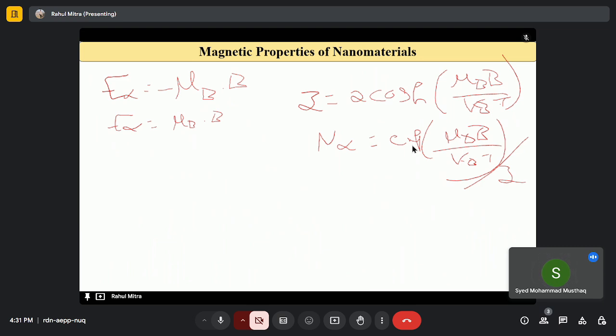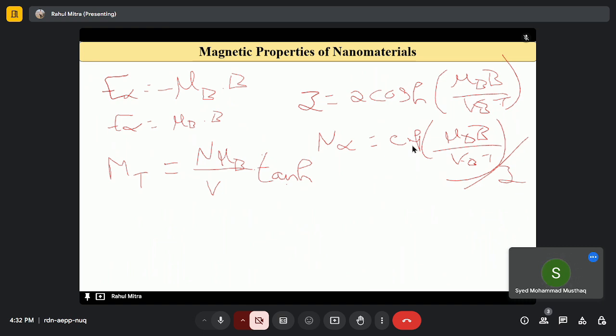Now, what is magnetization? What is the total magnetization? As I have said before, coming to M net, the total magnetization of a material, which is a macroscopic property, is the vector sum of all the magnetic moments divided by volume. So that will equal N times mu_B, where N is the total number of electrons, times, because I am writing N alpha minus N beta, e^x minus e^-x divided by e^x plus e^-x.